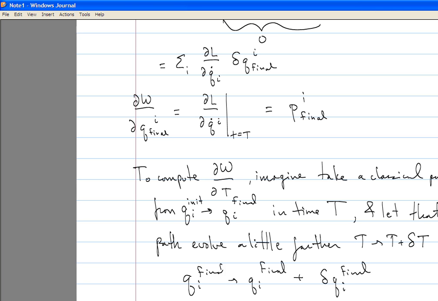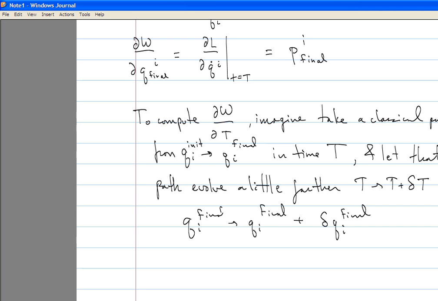And so how does the action change when we do that? So here we're computing the total dependence of the action on time, which is the sum of two things. There'll be some explicit dependence of the action on t, along with some dependence that arises because the action depends on q final, and q final itself depends on t. So that will be the dependence dW by dqi final times the change in qi final over dt, which is qi final dot.